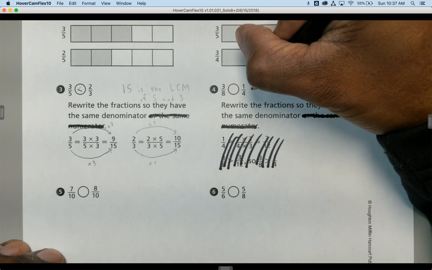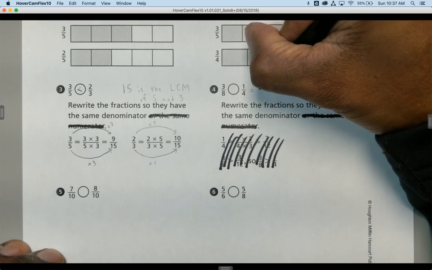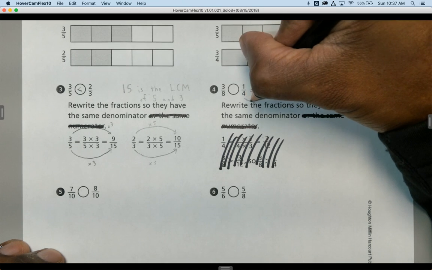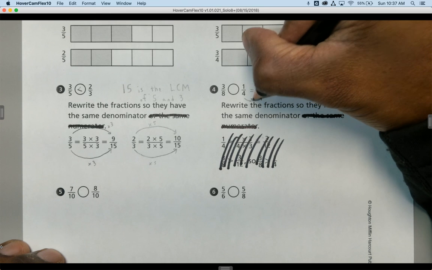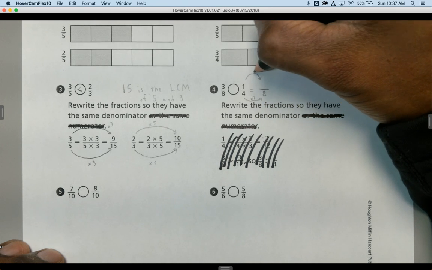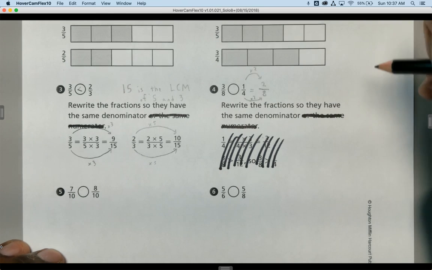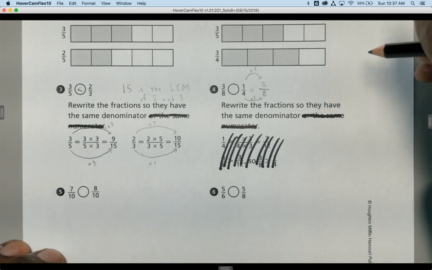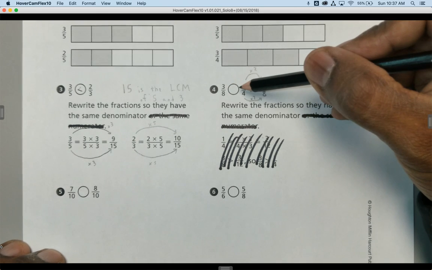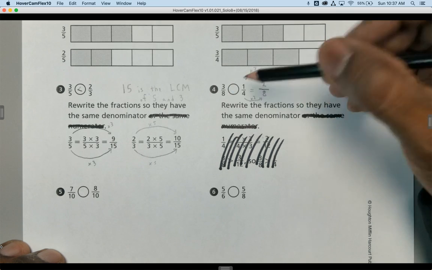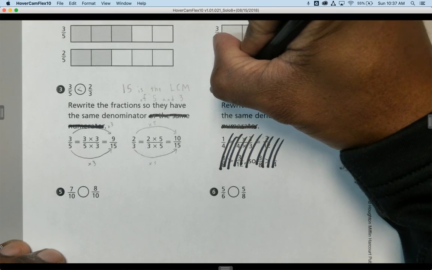If I start with 1/4 and I want to rewrite it as something over 8, what I do to the bottom, multiply by 2, must do to the top, multiply by 2. 1 times 2, of course, is 2. And here in one step is all it took to show that 3/8 is, well, 3 is greater than 2. Therefore, in this case, 3/8 is greater than the original fraction 1/4.